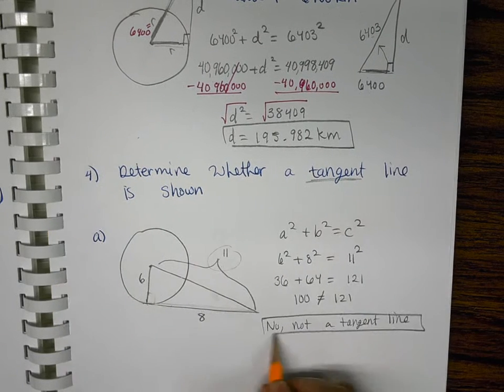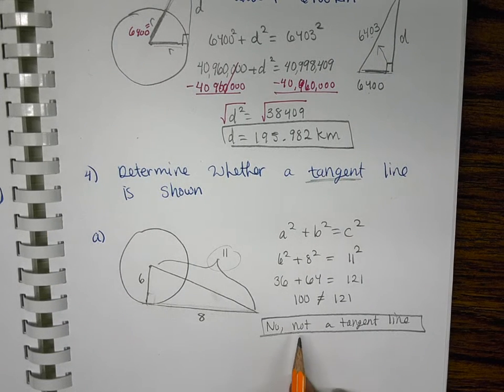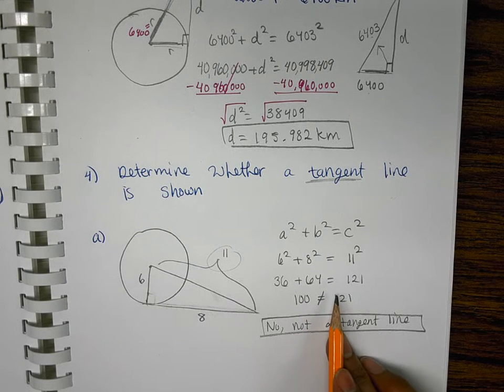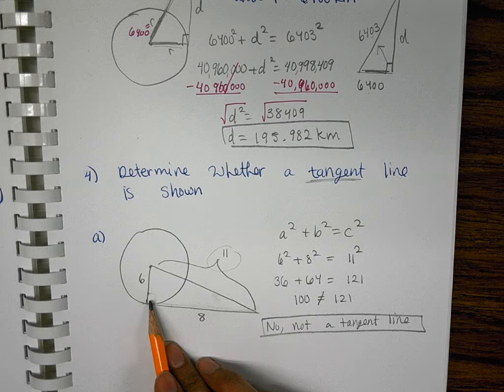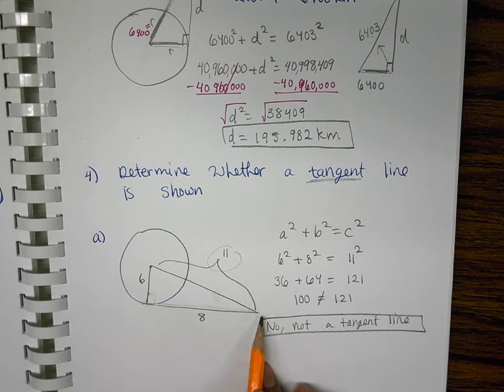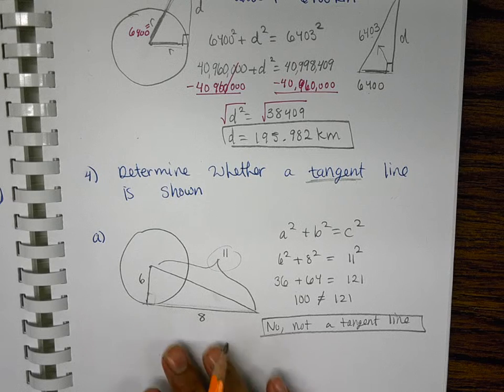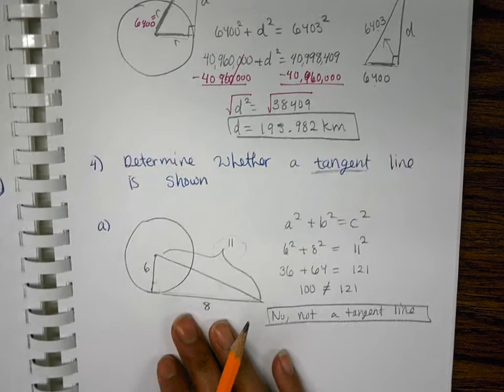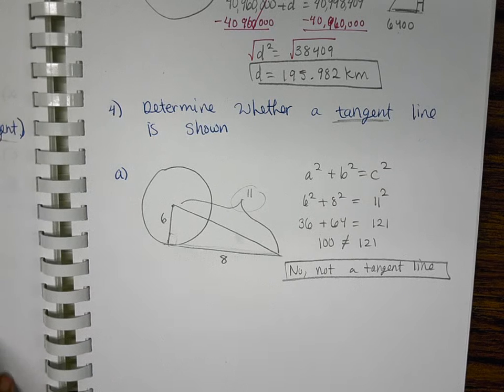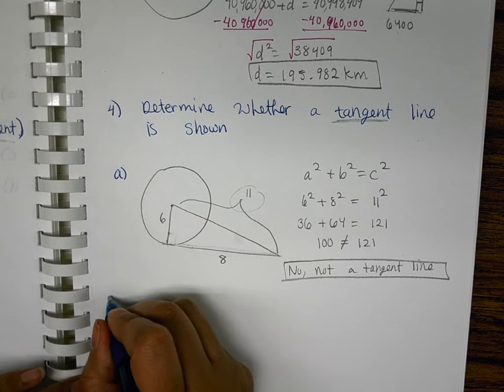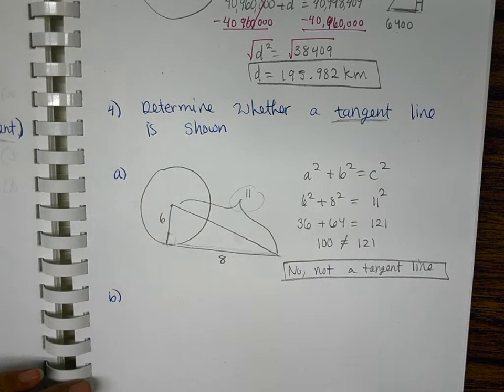If you just put no, that is okay. No, it is not a tangent line. Why? Pythagorean theorem did not work, which means this is not a right triangle, which means that is not 90. And since it is not 90, this line is not a tangent line. So you can't just say, oh, it looks like it's tangent, so yes. No, in this case, it is not. All right.